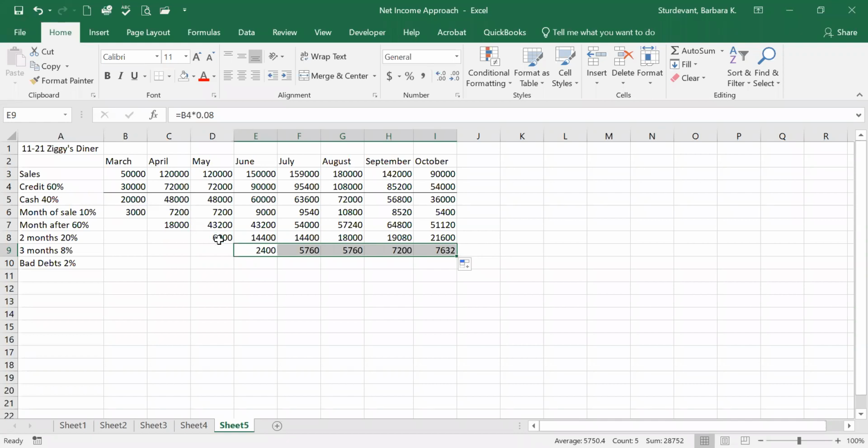Third month, it's 20. Fourth month, it's 8. The 2% that's not collected doesn't get put in your cash budget. Again, it's how well you follow directions. All right, questions on the split there? Okay, let's keep going.